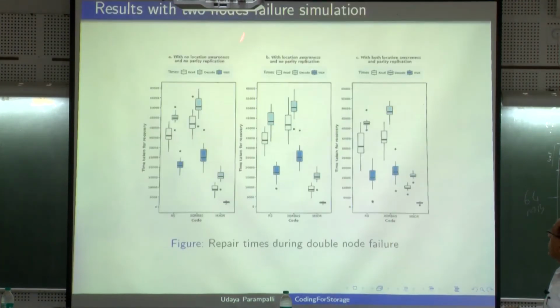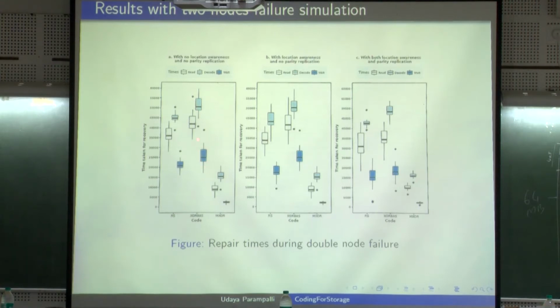So, results with two node failure simulation. Here also you can see, for example, the read time, decode time, and wait time. If you look at it here, the Sorbus code in some sense performs worse than even RS, because the time taken to recover is higher.